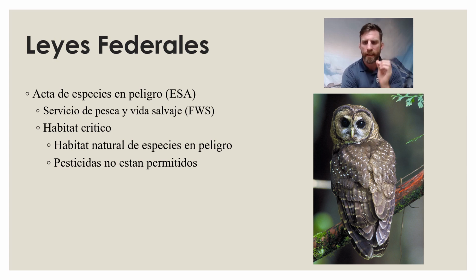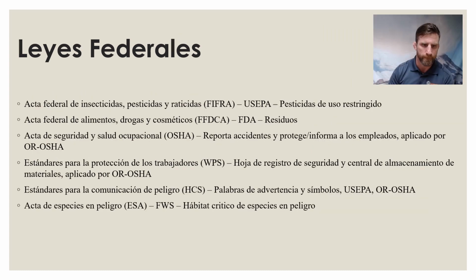So when a natural habitat of an endangered species is identified, like a spotted owl, for example, pesticides are not allowed in these areas without special exceptions applied for and received from the Oregon Department of Agriculture. So that's the Endangered Species Act, and it protects critical habitat with endangered species and prevents pesticide applications without proper permitting or extra permitting in these areas.